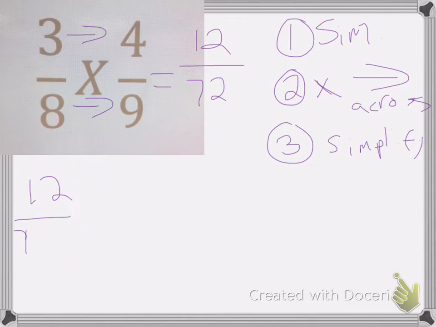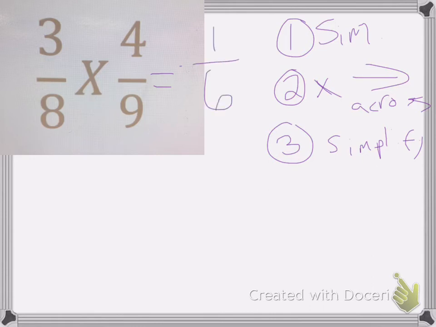Okay, we know that this equals 1/6 after we've simplified it out. In class, I said that if your crosses like this can be simplified, you can simplify them.